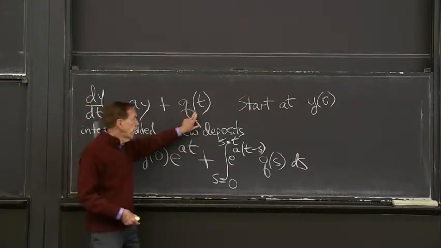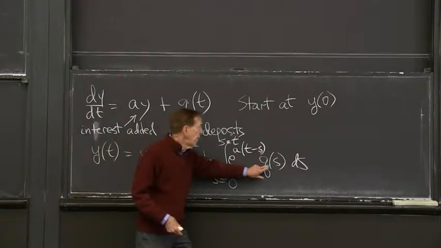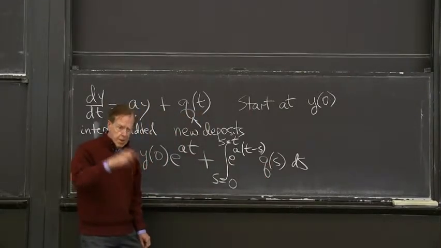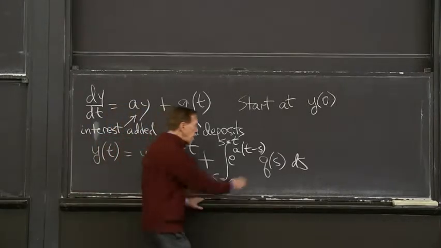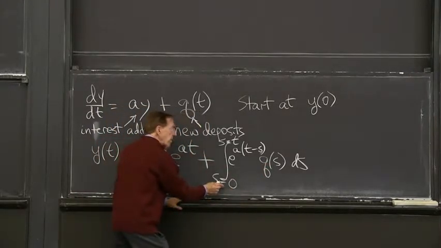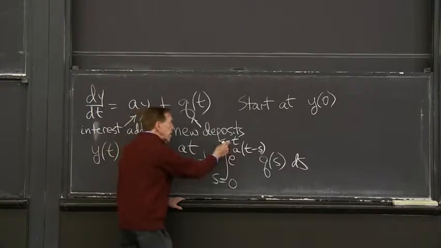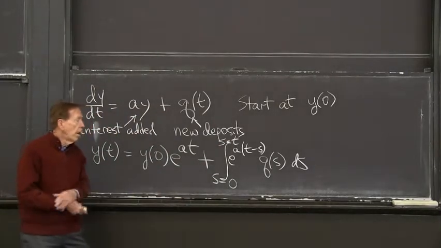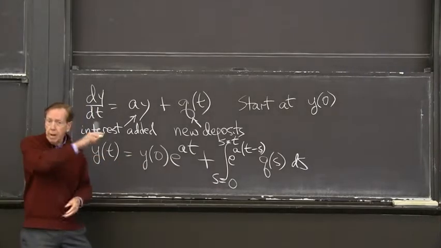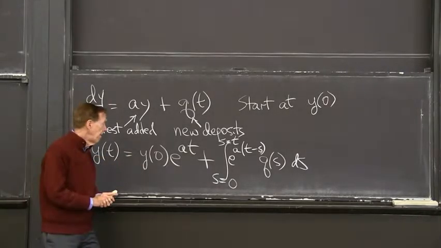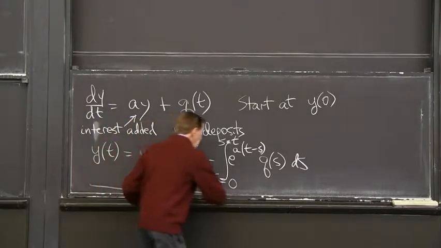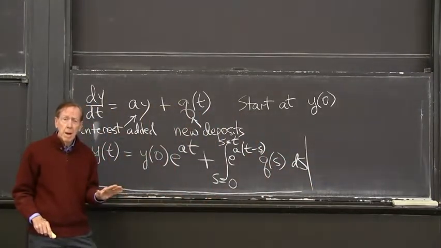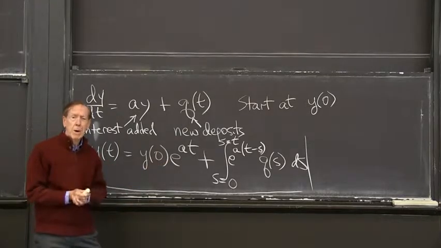Of course, I've used q of t all the way, here I call it q of s. I have to introduce an integration variable s, which goes from the start of these deposits until the current time, and grows like that. So that's the formula. I could put a big box around it. Let me start a box anyway. I could check that it's correct, but I hope you see why it's right.